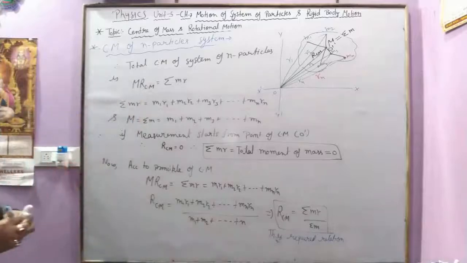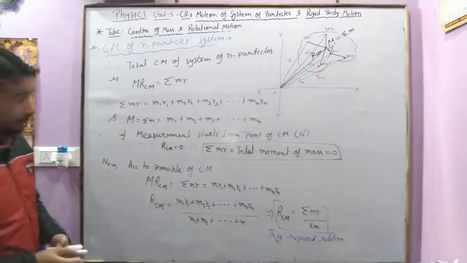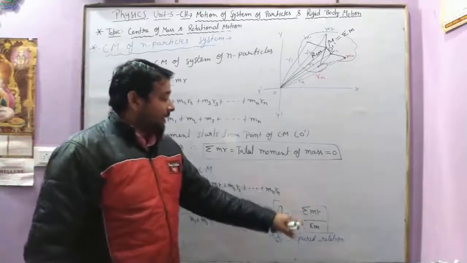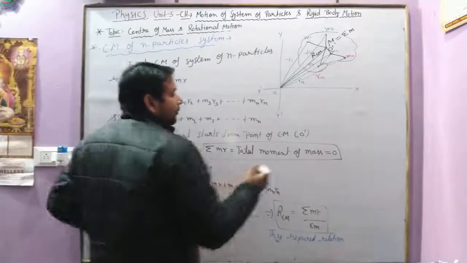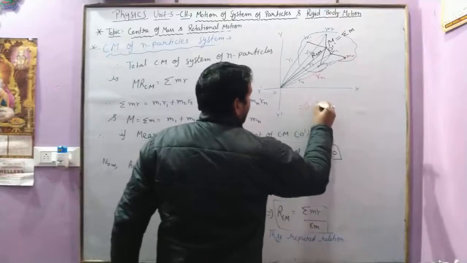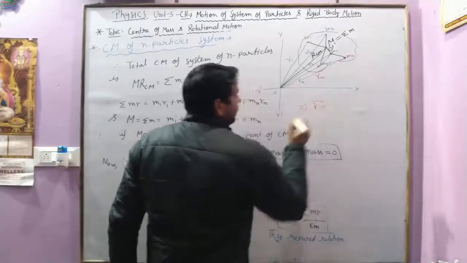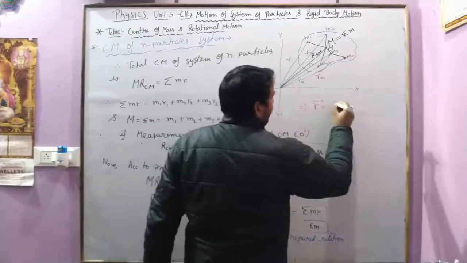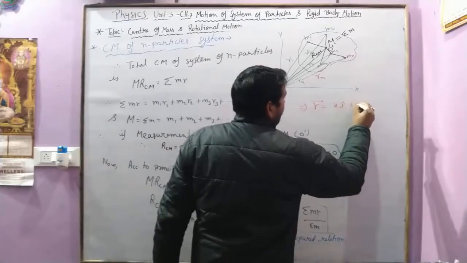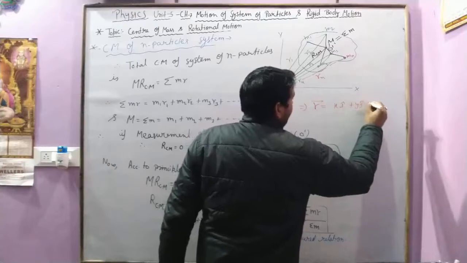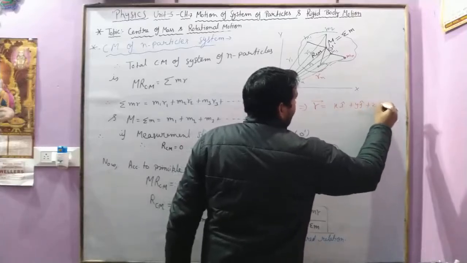Okay. Next, if the particle is in space, for that the position vector r is given by x i cap, y j cap and z k cap.